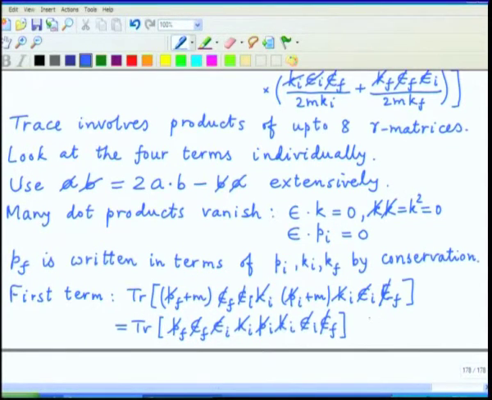Here we have used that the mass terms vanish because k I square is 0. So, now we have an explicit product of 8 matrices.